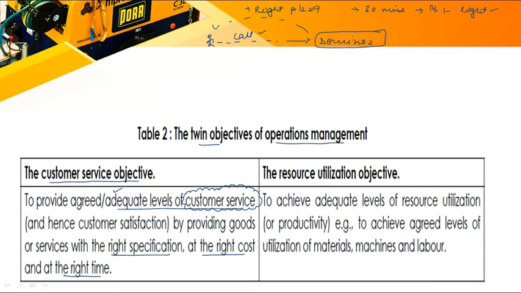Now moving on, the next is the resource utilization objective. What is that objective? To achieve an adequate level of resource utilization.